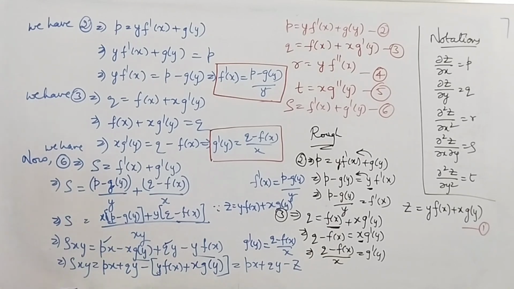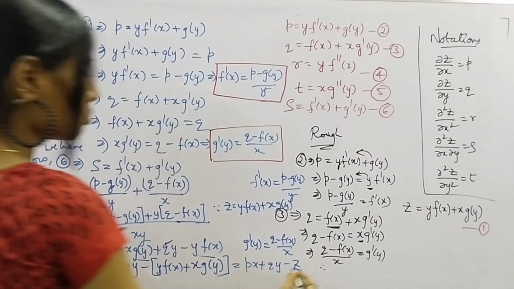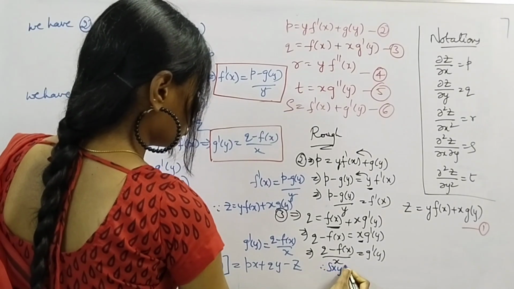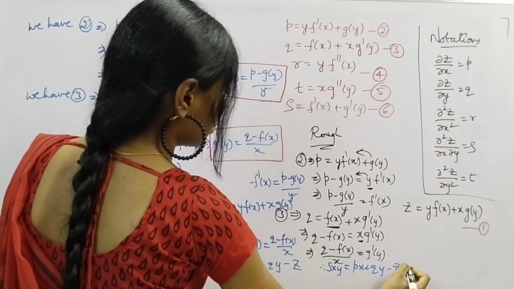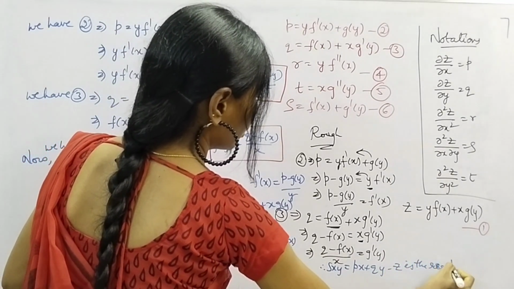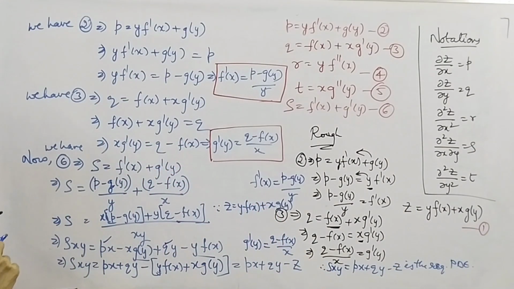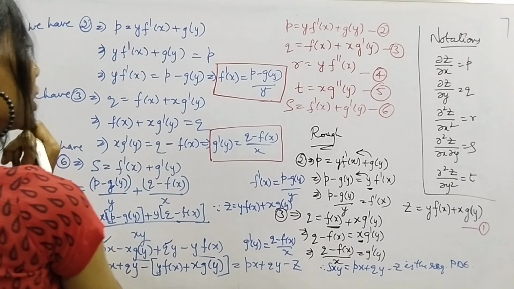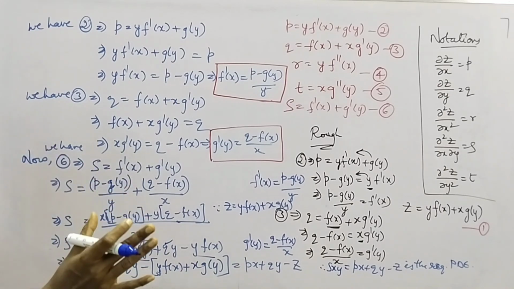Therefore sxy equal to px plus qy minus z is the required partial differential equation. Always remember that in some cases, while finding a partial differential equation, we need to solve the equations by multiplying or adding or doing something.